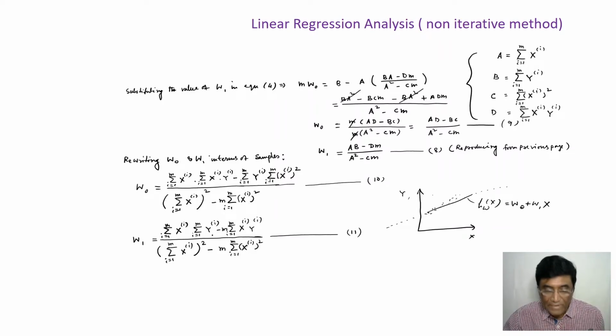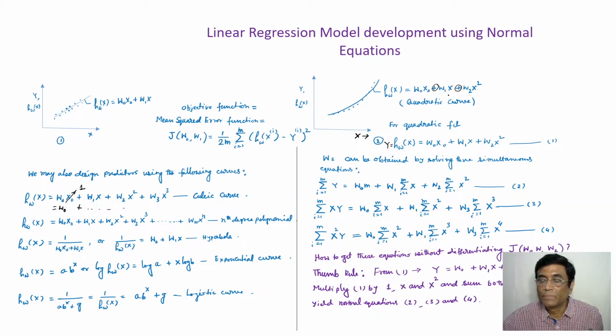Once parameter values are determined, you know the predictor, and once you know the predictor, you use it for prediction. Before that, of course, testing has to be done. So you have a test sample, test it. This is all about a very simple non-iterative method of developing a model using linear regression.